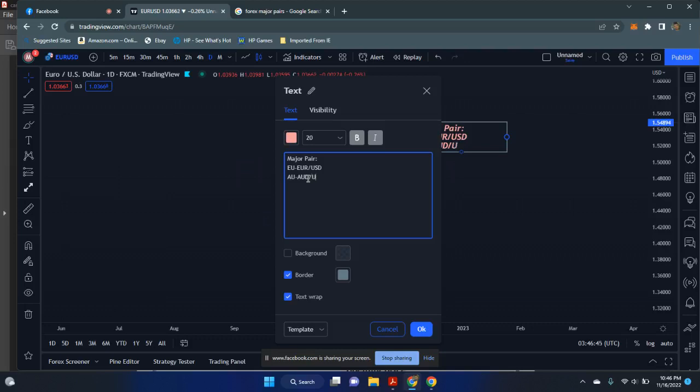AD USD, and then we have NU, which is your New Zealand dollar and United States dollar. We have USD, UJ, which is USD JPY.